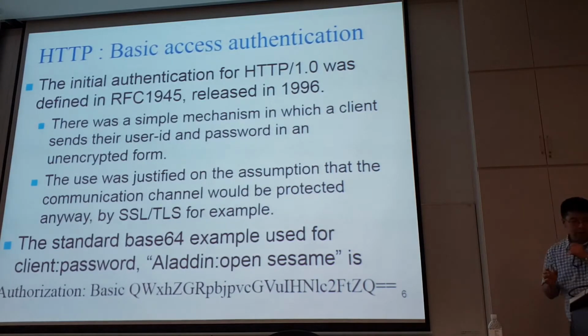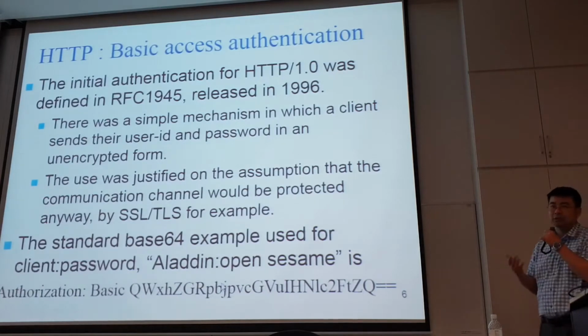For example, in HTTP 1.0, if you want to protect the content, you can ask the user to give a username and password, right? However, the username and password will be sent in this kind of format. You may think this is encoded. Actually, it is indeed encoded, but encoding is not a mechanism that can provide security, right?